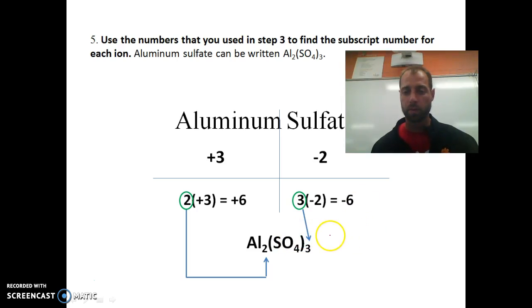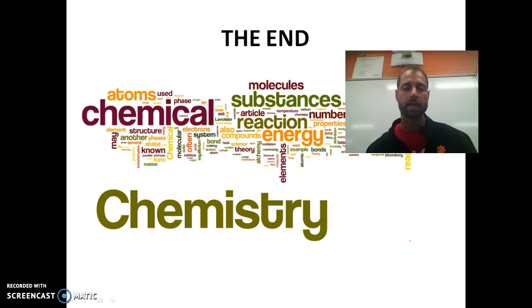In other words, we would have 2 aluminums connected to 3 sulfates. That concludes our tutorial on writing ionic compound names and formulas, step number 1.